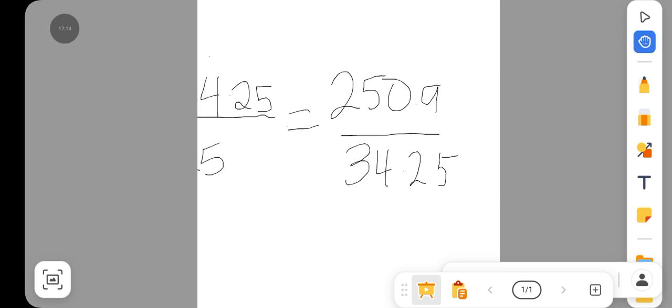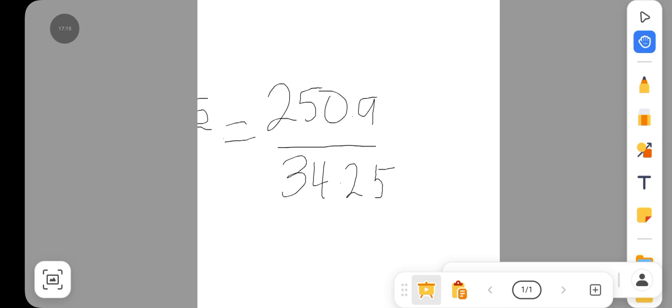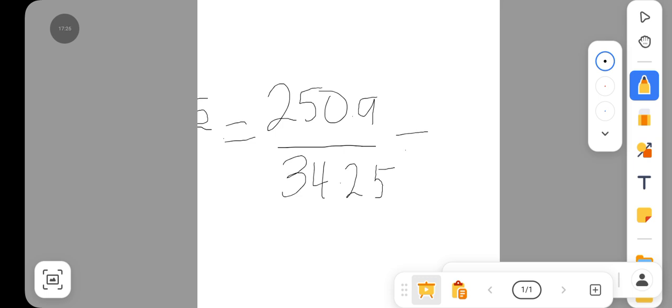And if we divide this by each other, this would give us 7.33 units.